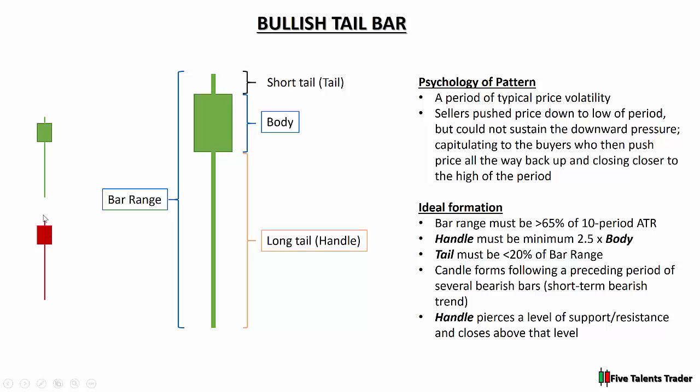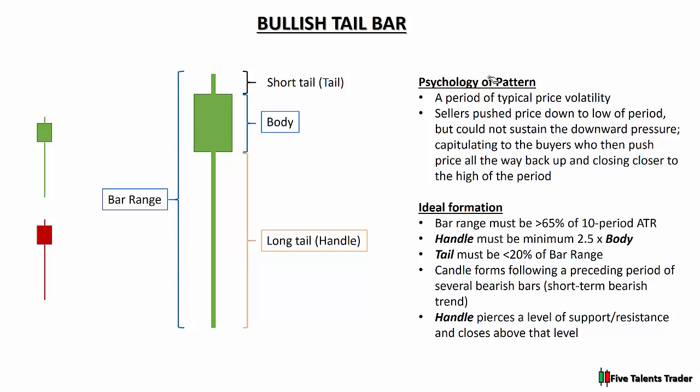And in the red bullish tail bar, the open is higher than the close. For the tail bar, we'll be looking at the long tail, the short tail, the body, and the entire range of the bar.